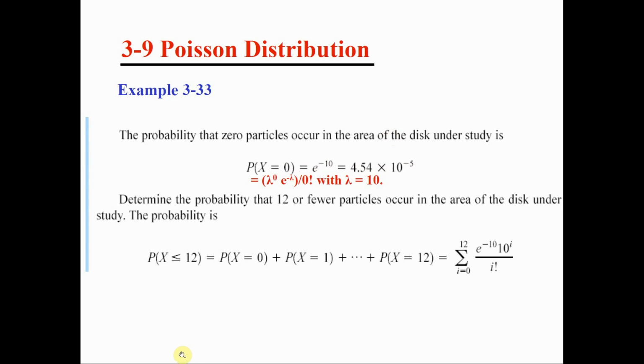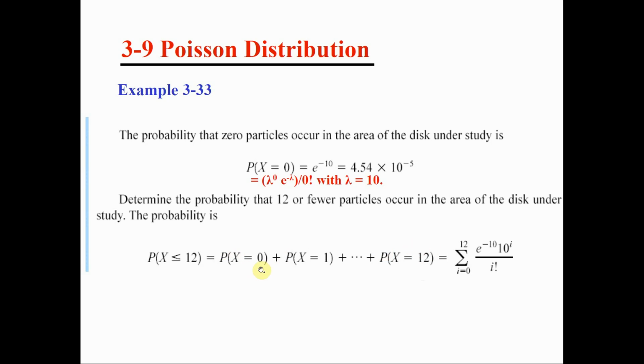As the last follow-up question, what is the probability that we get 12 or fewer particles, at most 12 particles of contamination in the whole area of the disk? So mathematically, it's the probability that x is less than or equal to 12. Obviously, P0 plus P1 plus P2 and so on until plus P12.